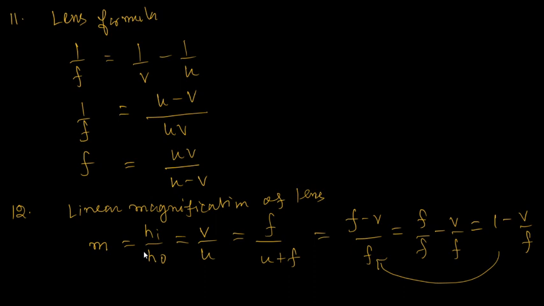Suppose two lenses are combined, so you should know the formula for that one also. Take down. If two lenses are combined, in that case we will find out the combined focal length, which is nothing but 1 by f1 plus 1 by f2. Suppose three lenses are combined, in that case plus 1 by f3.